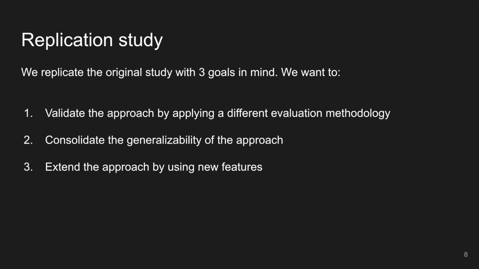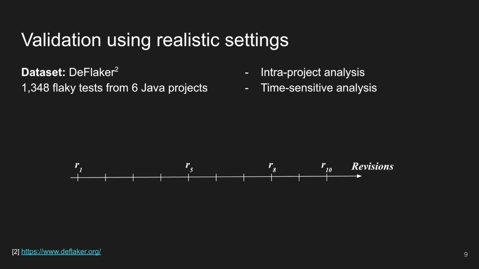We consolidate the generalisability of the approach and check if it is possible to use such models in other projects and in another language. And finally, we extend the approach by using a new set of features to see if we can improve performances. In this presentation, I will focus on the first point.